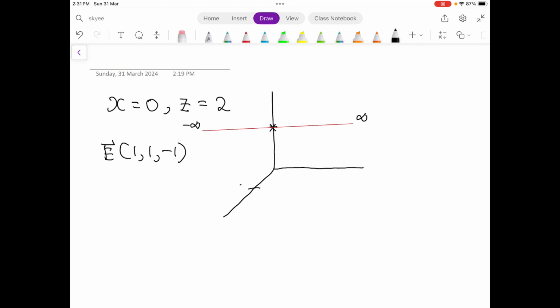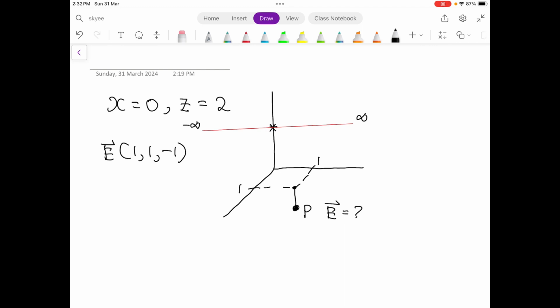Maybe the 1 is here and the 1 is here. When you intersect them, you get a point, and then for negative 1 you move down. This will be the coordinate P where you want to know the electric field.